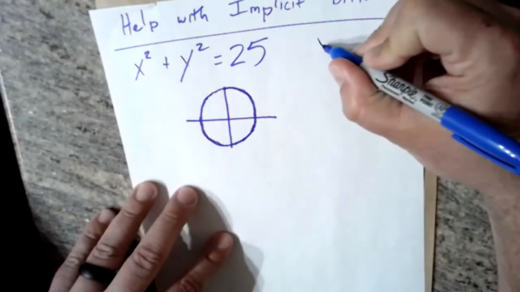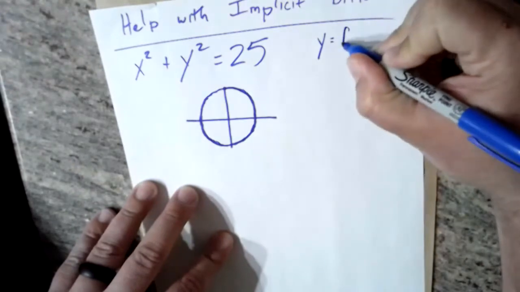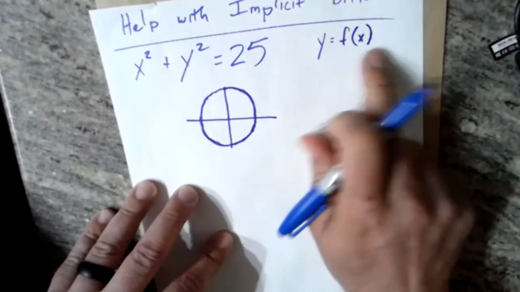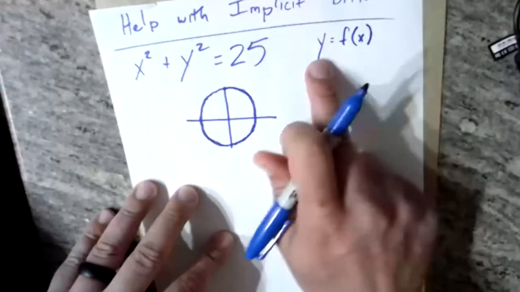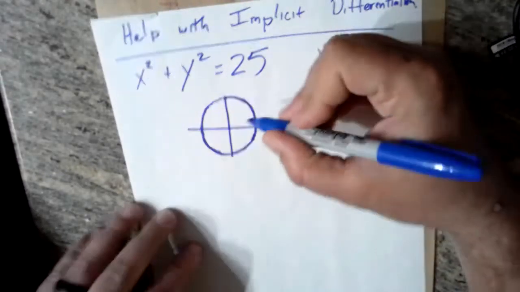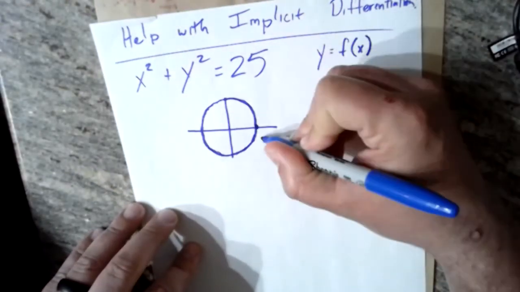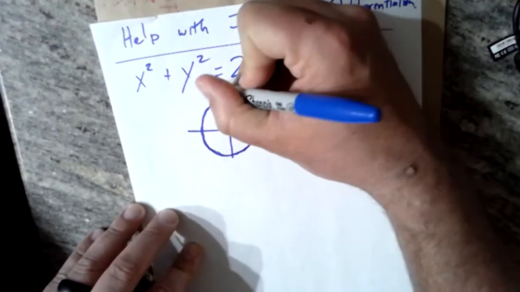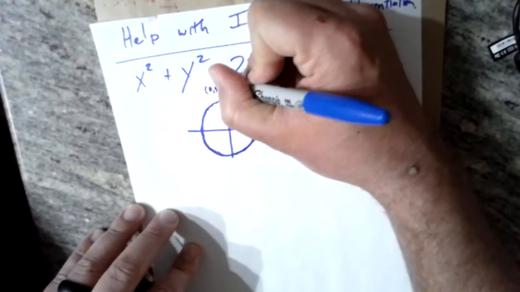Now, remember that typically a function is y equals f of x. Y and f of x, you guys have been switching these for years. That's going to be important in understanding this. Now, let's look at right here. This would be the point (5, 0). And this would be the point (0, 5).